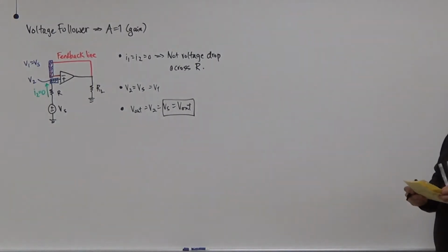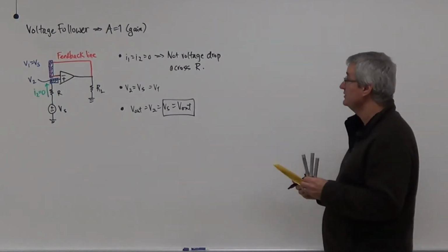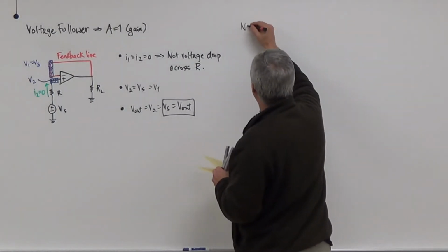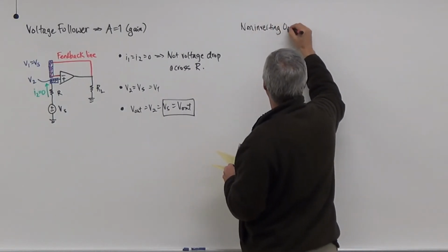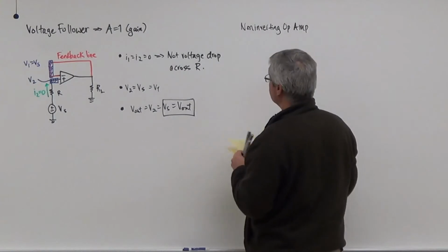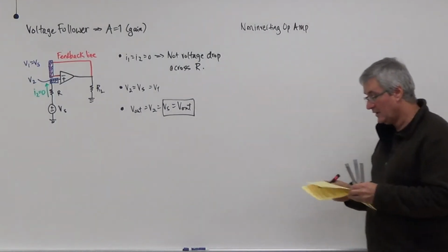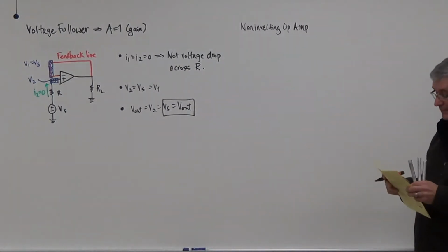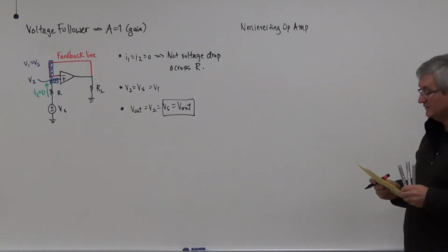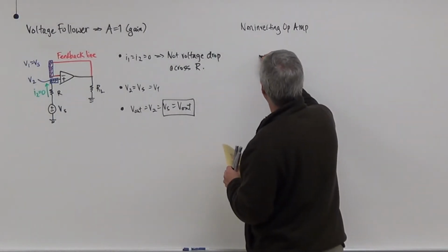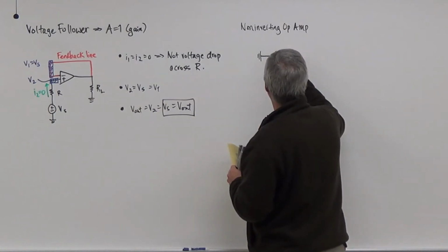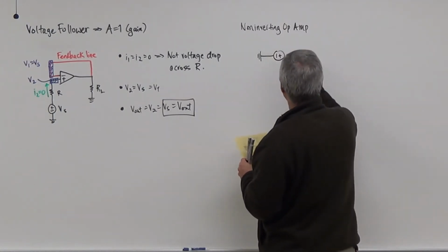Okay, so that's a fairly straightforward example of how I'm applying those two conditions. Let's look at another example, a non-inverting op-amp. I'm going to draw this circuit in a way that's not the common way.